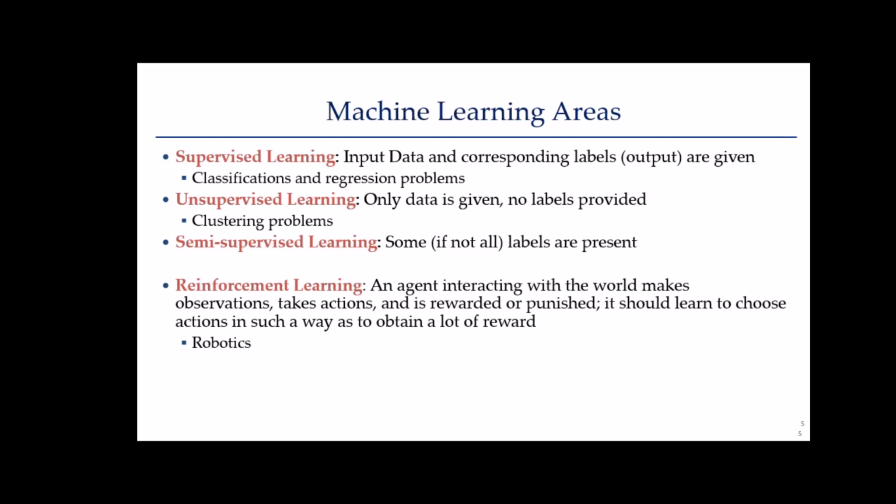Examples of supervised learning are classification and regression problems. There is also unsupervised learning, where only data is given, no labels are provided. A typical case for this is clustering problems. Sometimes we can have semi-supervised learning, where some labels are present and some are not.